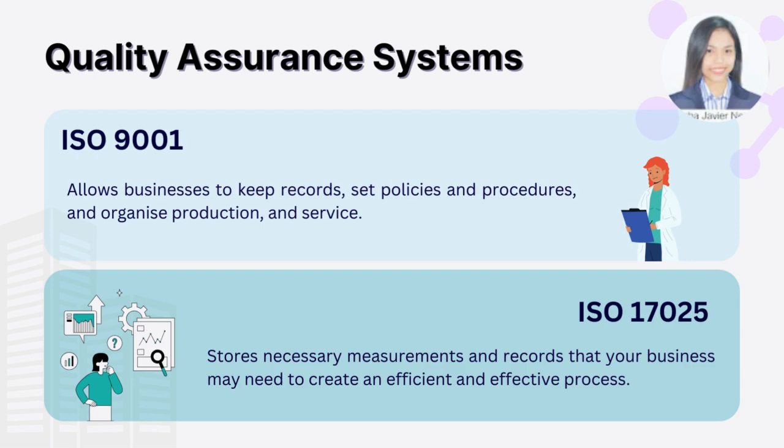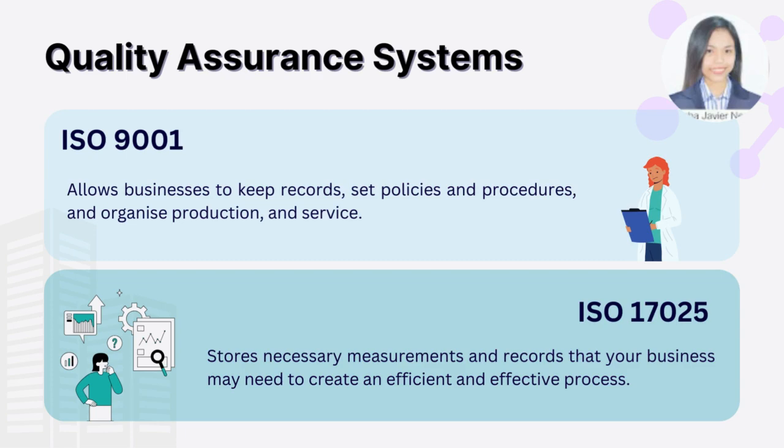The main difference between ISO 17025 and ISO 9001 is that ISO 9001 applies to all kinds of businesses in all types of industries and sectors. ISO 17025 only holds value for businesses that include testing and calibration laboratories, such as pharmaceuticals, cosmetics, universities, and etc. ISO 9001 is a quality management system that will allow your business to keep records, set policies and procedures, and organize production.